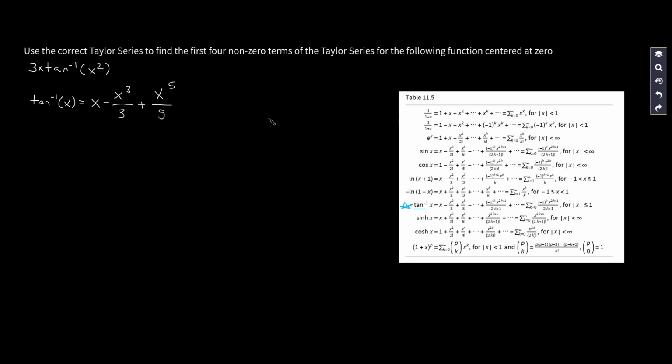This is supposed to be subtraction because it's an alternating series, which is indicated by this -1 raised to the power of k. So that's going to be minus x raised to the 7th, and that's going to be over 7. And then if we wanted to keep going, we would do plus x to the 9th, but we're only asked for the first four terms. Let's see, first four non-zero terms. So 1, 2, 3, 4. This is going to continue.